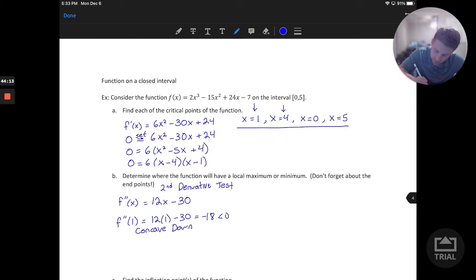We would say that the function f of x will have a local maximum, again with a concave down structure on f double prime of 1.